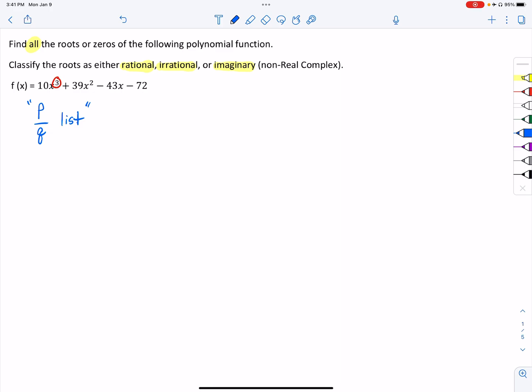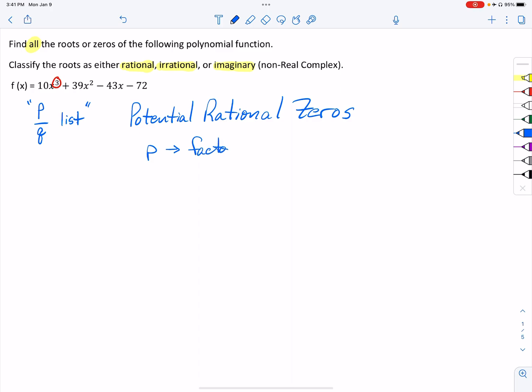Okay, so the Rational Zeros Theorem, generating this P over Q list. Again, this just represents the possible or potential rational zeros. P comes from the factors of the constant.